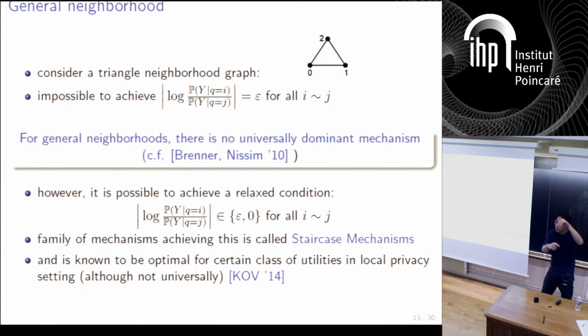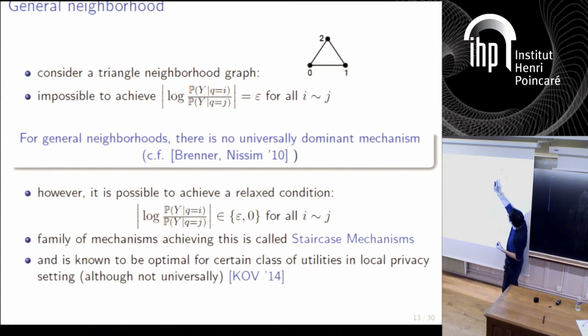You want the ratio to be e to the epsilon on all of them. In that case, you get the triangle that we want. And you can see it's impossible for 0, 1, 2 and all of them to satisfy this. It's easy to see.